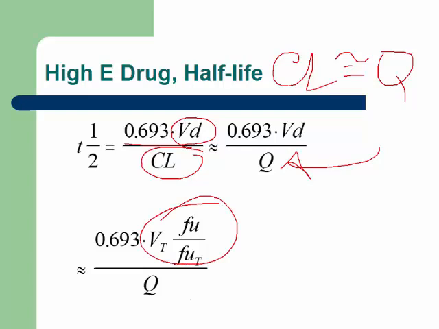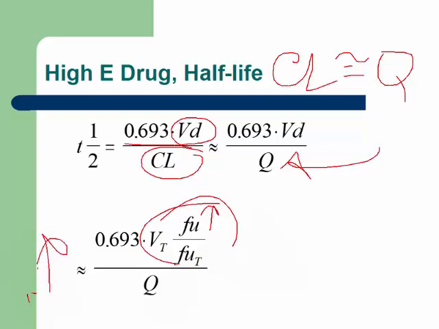And we can see then what's going to happen here with our half-life for a high extraction drug. So if we had a decrease in Q, we would expect our half-life to increase. If we had a change in our fraction unbound in tissue, let's say an increase in fraction unbound in tissue, our half-life would decrease. If it were a fraction unbound in plasma increase, then our volume would increase, therefore our half-life would increase.